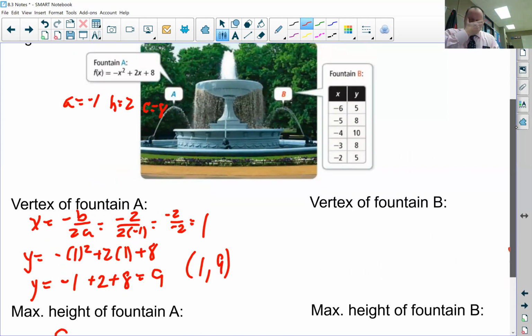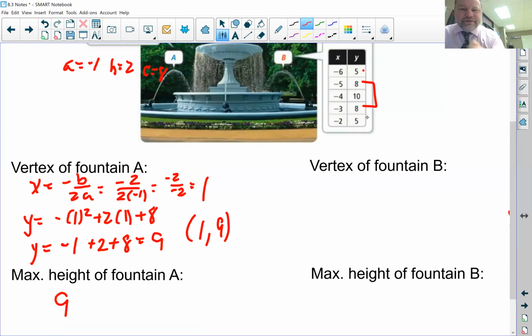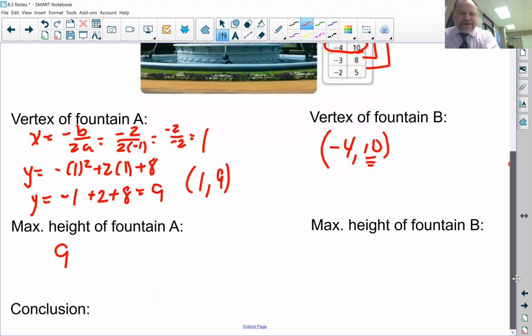So for B, we need to figure out the vertex. And the nice thing is, we have this symmetry in B. So that means the thing in the middle has to be our vertex. And again, the y value of our vertex in this case is the maximum.